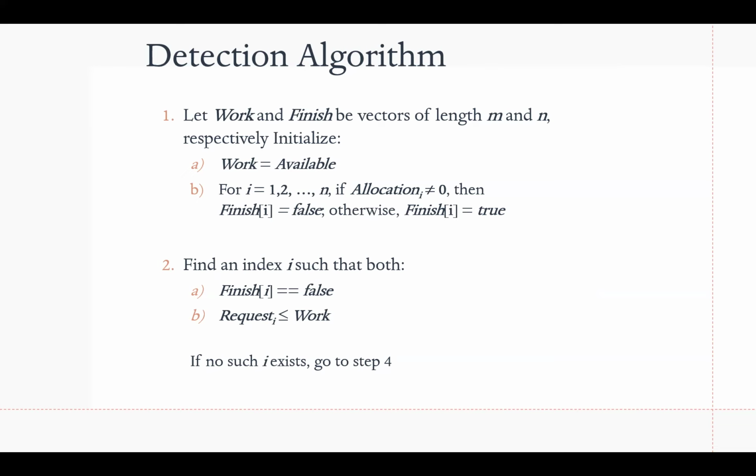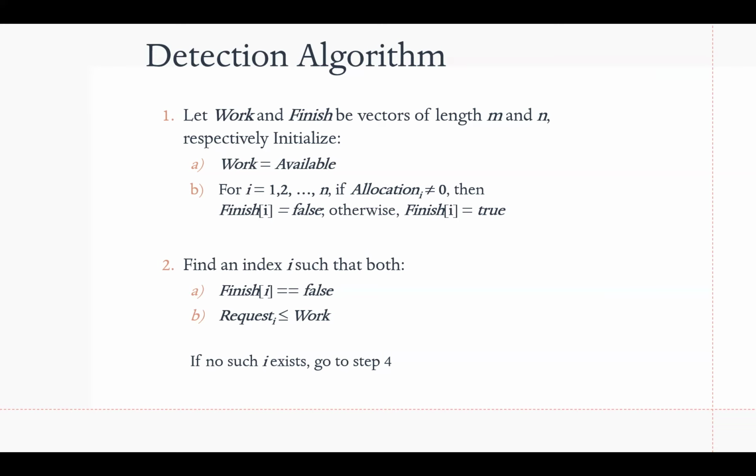And for i equals 1 to n, or 0 to n minus 1, meaning for all the processes: if Allocation is not equal to 0, then Finish[i] equals false, because till now none of the processes has finished.